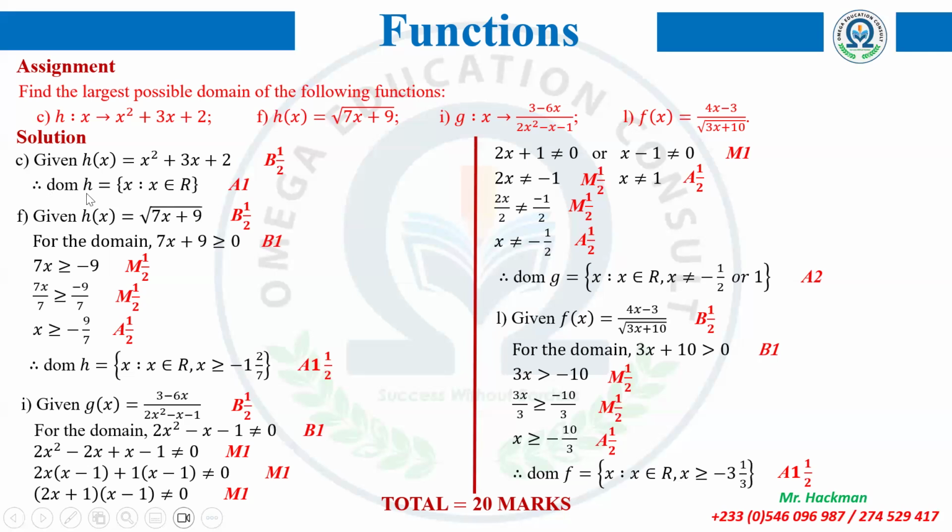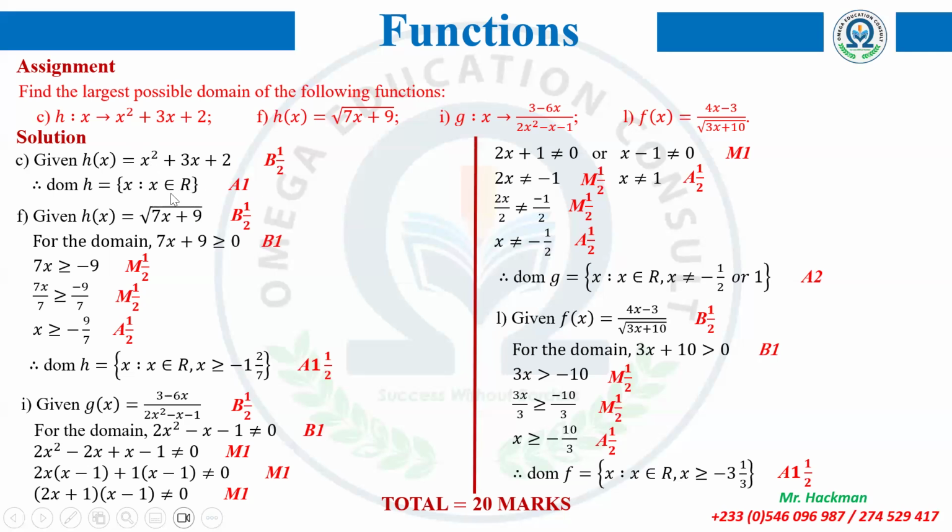Therefore, the domain of h, or h of x, will be equal to {x : x belongs to the set of real numbers}. You know domain must be a set, so you put it in curly brackets. With this one, no restriction. I told you that for every domain, your conclusion will be the domain of the function is equal to, then you write this. If there are restrictions, you write a comma and attach the restriction.